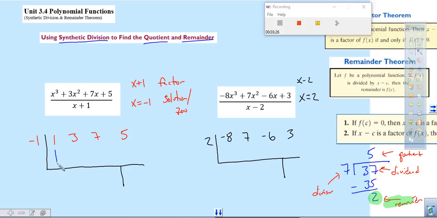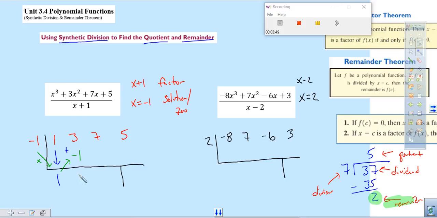All right, here's the procedure. The first thing you do in synthetic division is you bring down the 1. Then you multiply it by that number you brought down and place the product right there. So -1 times 1 is -1. Unlike long division, in this case we don't subtract, we add.